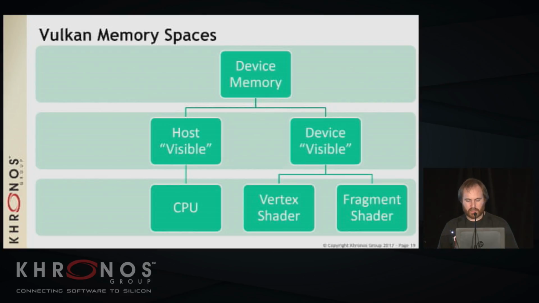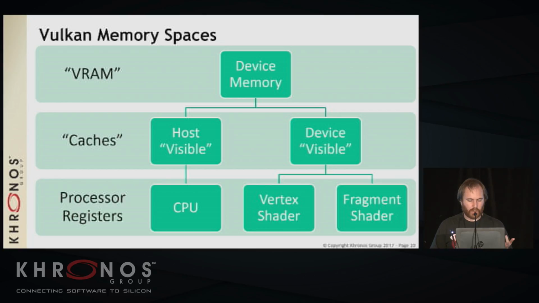So memory spaces, they're not too scary. There's a sort of hierarchical memory model in Vulkan. It's not very well written down right now. It's better than it was, but I'm working on it. But the idea is that you've got these three areas. At the very top level, you have device memory, which is where you allocate your VkDeviceMemory objects. And that's sort of analogous to VRAM, if you want to think in those terms. And then below that, you've got your cache levels.